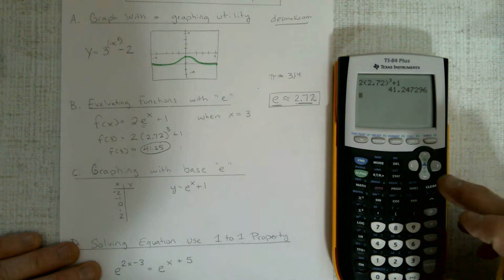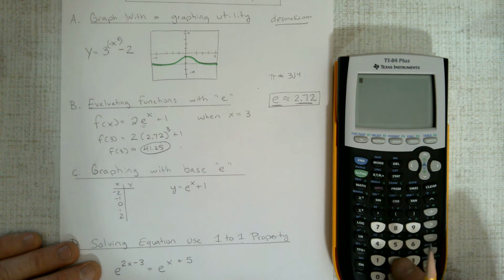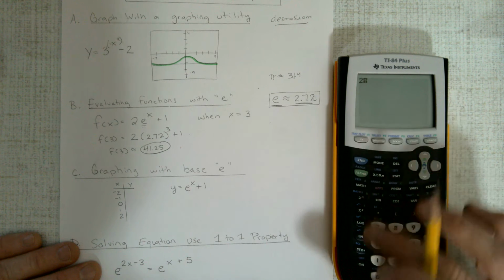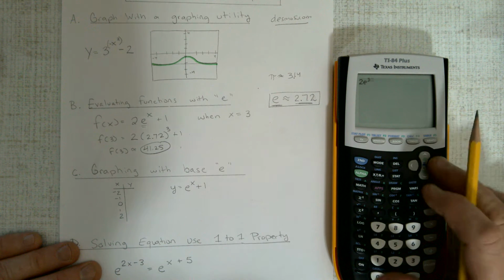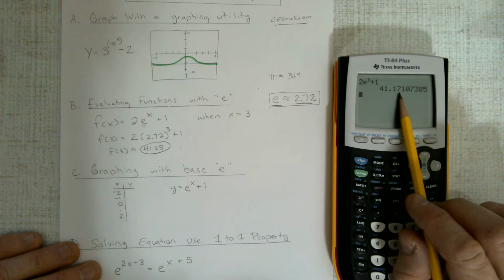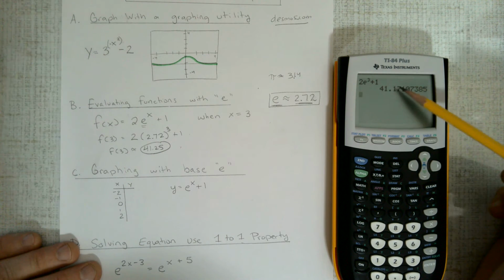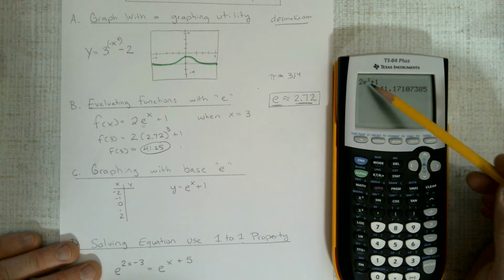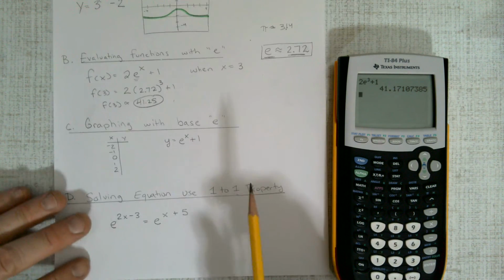A lot of calculators have an E button on there. So if your calculator does this, you could go 2e raised to the third power plus 1, and you'll get an even closer value because it won't use an approximation. It'll use a longer approximation for e. But if you have an e button, use it. If you can't find an e button, use 2.72.